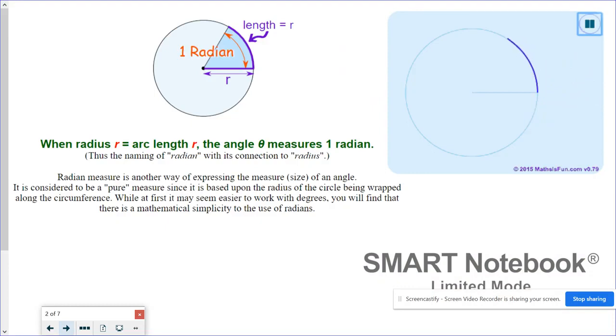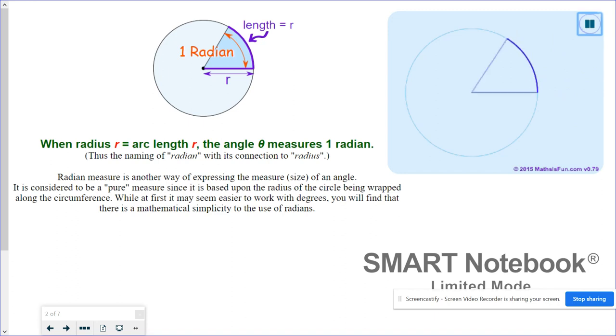This applet to the right of the screen is illustrating what a radian is. What do you notice? What do you wonder? That initial purple segment is the radius of this circle, and they're taking this purple segment and mapping it around to land right on the circle.